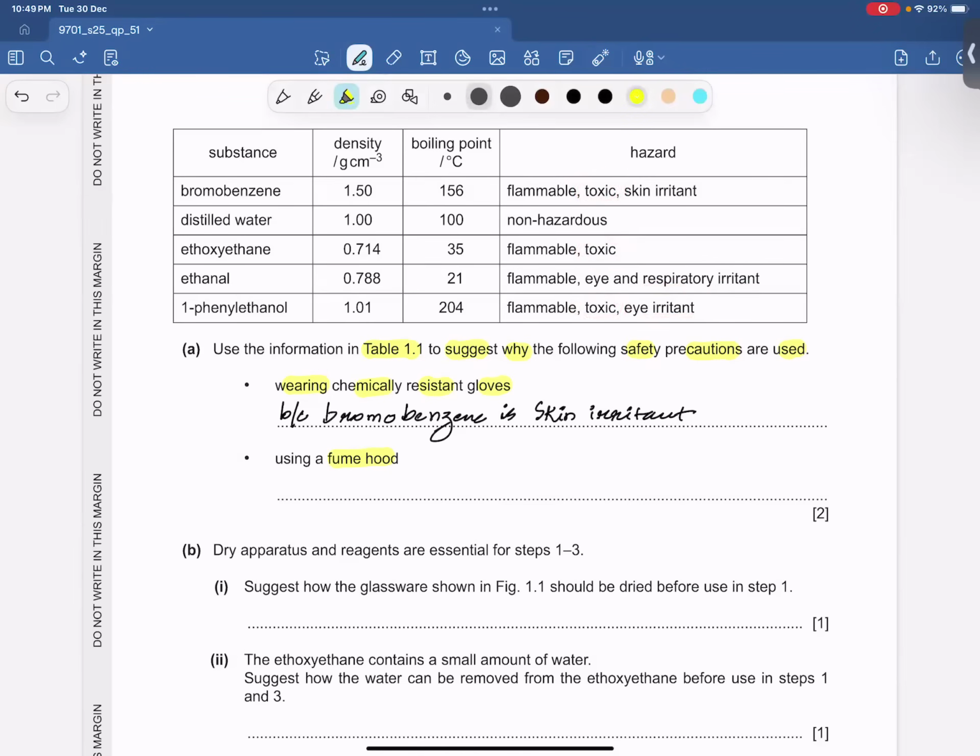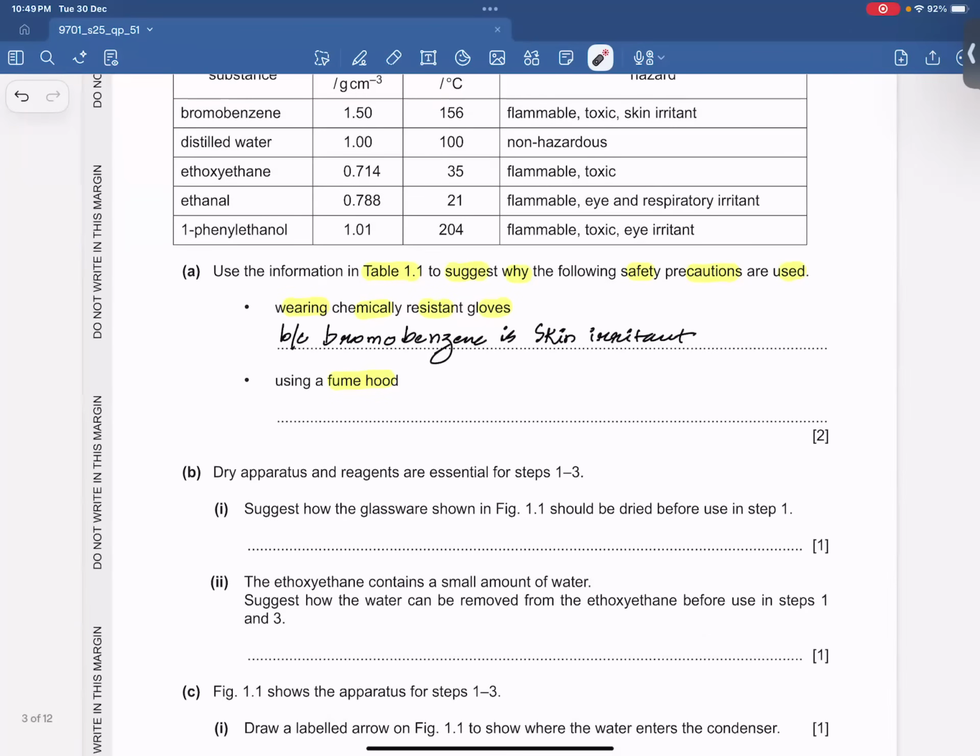So what we can write here is that these are the gases because they have a very low boiling point, right? So these substances have low boiling points, which means they exist in gaseous state at RTP.